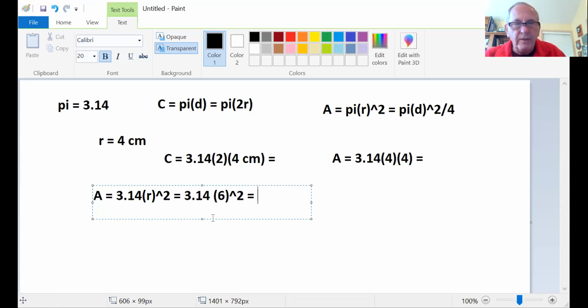It didn't give a D over 4 or D squared over 4, so this is what they were looking for. So B is the answer. You've got to understand what the area is, and whether you're given diameter or radius, you can convert one to the other. That's what that problem was.